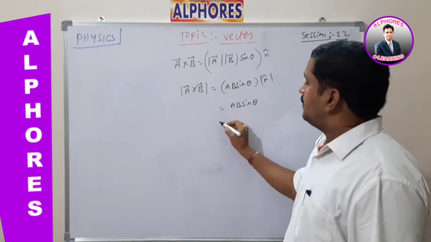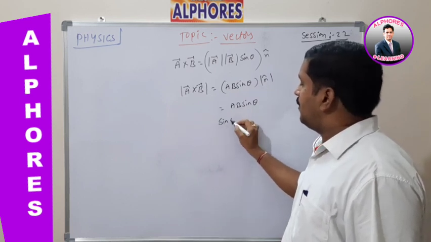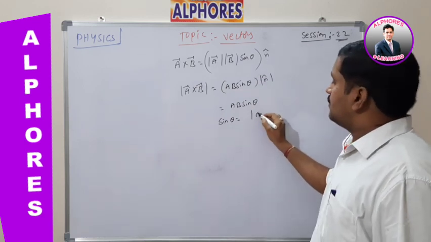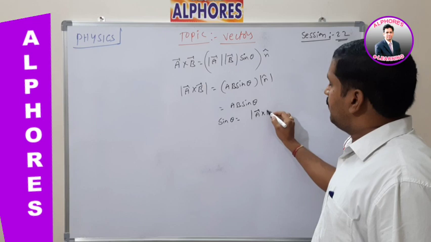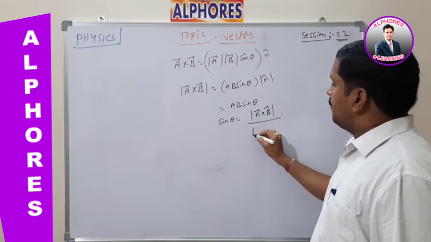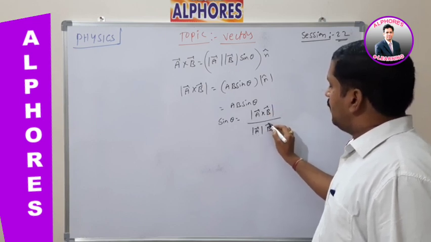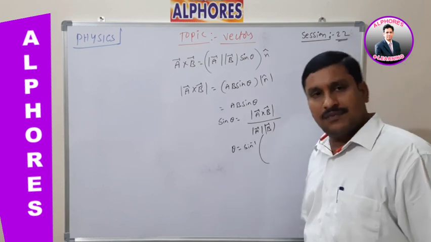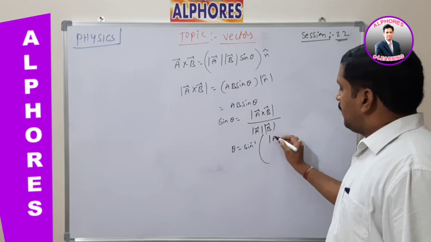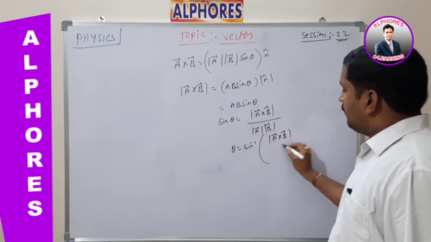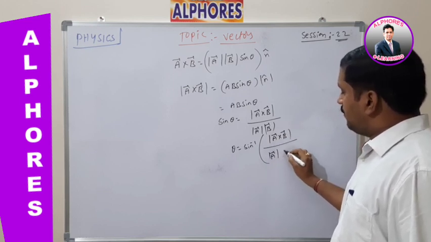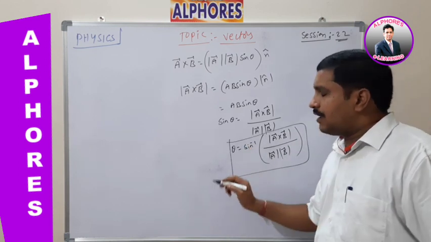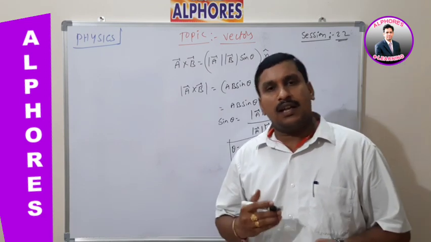So the value of sin theta is equal to the magnitude of A bar cross B bar divided by the modulus of A bar into the modulus of B bar. That means theta is equal to sin inverse of the magnitude of A bar cross B bar by the magnitude of A bar into the magnitude of B bar.